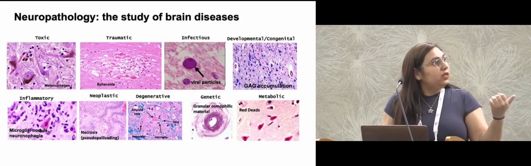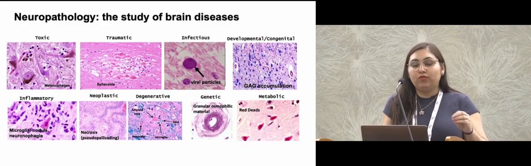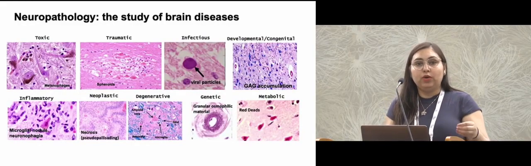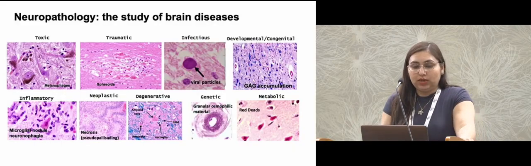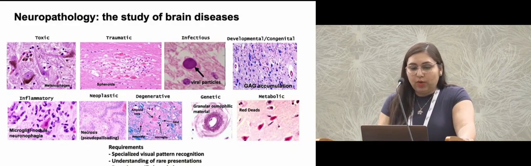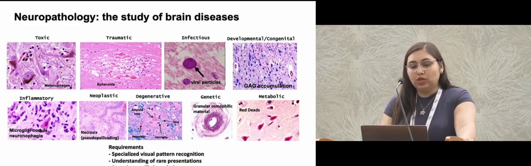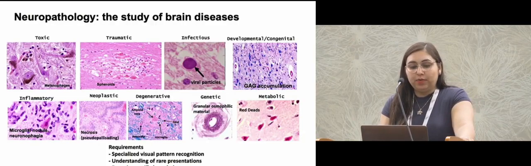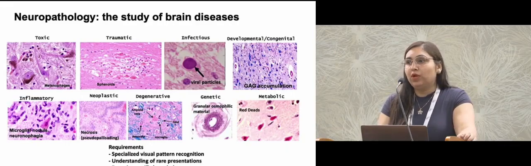And in these images, we can see that there are different morphological patterns which are important to diagnose these neuropathological conditions. So it requires specialized visual pattern recognition, understanding of rare presentations, and domain-specific knowledge. That's where a neuropathology-specific foundation model could help.